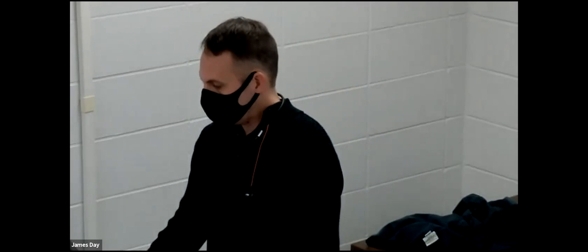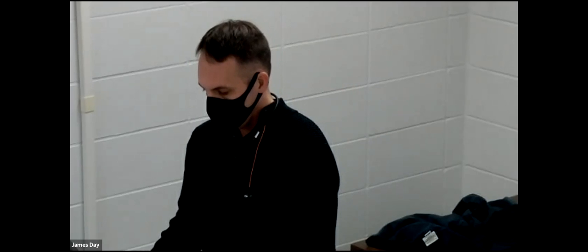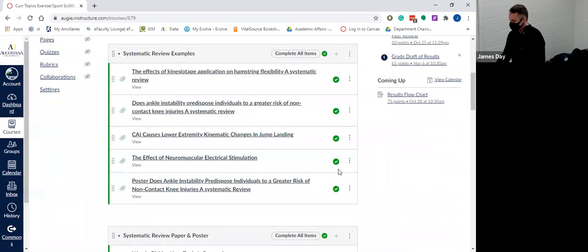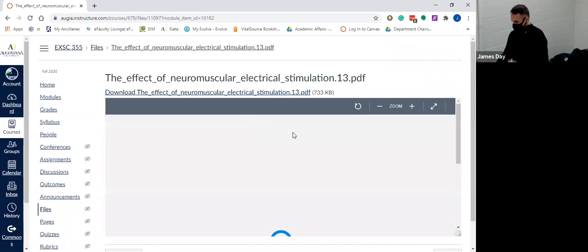So the easiest way, let me share my screen. The easiest way to do this, in my opinion, is to just look at some of the examples.